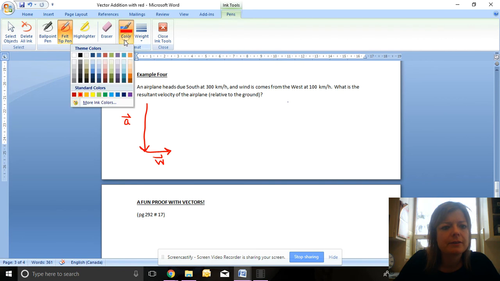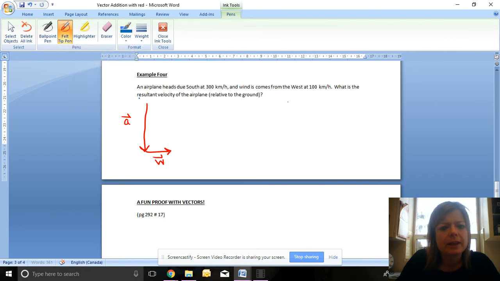What is the resultant velocity of the airplane? So relative to the ground. So the actual airplane will be going here because it will be the addition of the airplane plus the wind. Okay, so notice that it asks for velocity, which is speed plus direction.